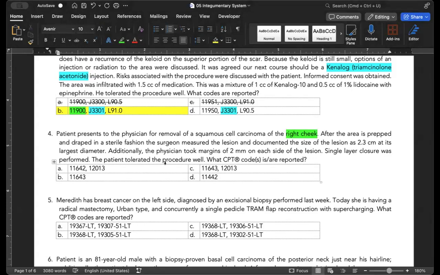And then the 11643 is for an excised diameter of 2.1 to 3.0 centimeters, versus the 11642, which is 1.1 to 2 centimeters. So which one do you think we should use? Yep, Dawn. We should use the 11643. So we are going to rule out A and D.